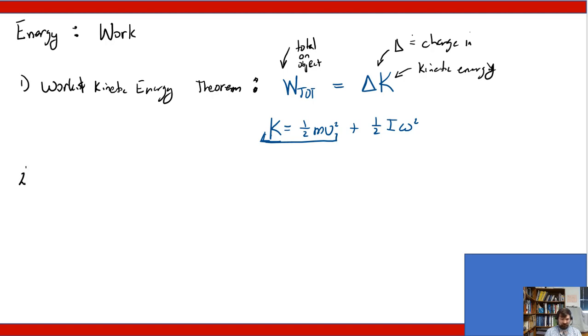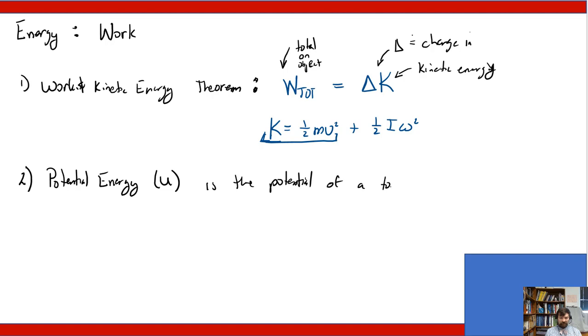Okay, the second thing that was with work and energy was potential energy and work. And potential energy, U, we usually use a capital U, is the potential of a force in a system to do work on an object, or really on a pair of objects.